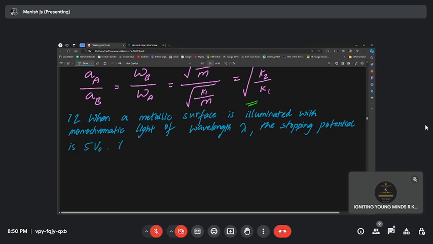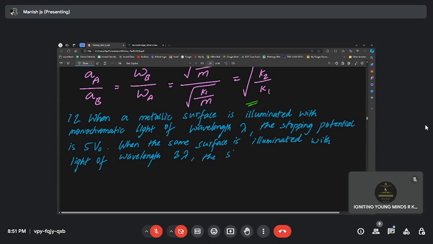When the same surface is illuminated with light of wavelength three lambda, the stopping potential is V naught.